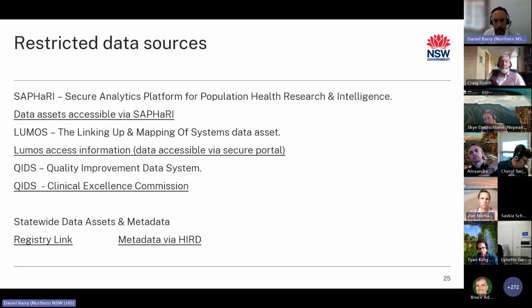So again, this is not an exhaustive list of restricted data sources. This is probably more a list of a few that are particularly pertinent to research. So SAPHaRI stands for the Secure Analytics Platform for Population Health Research Intelligence.